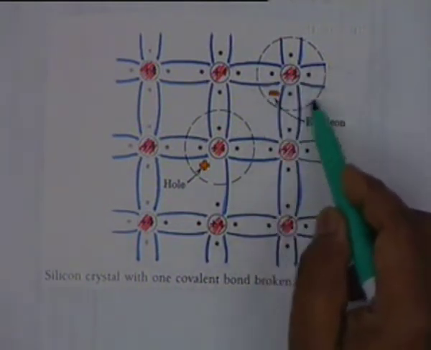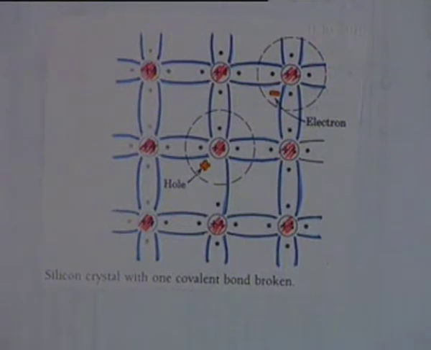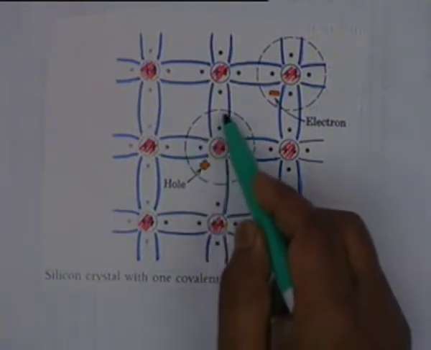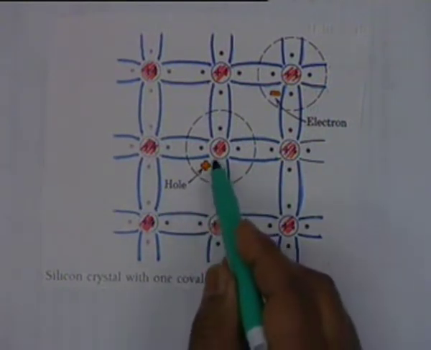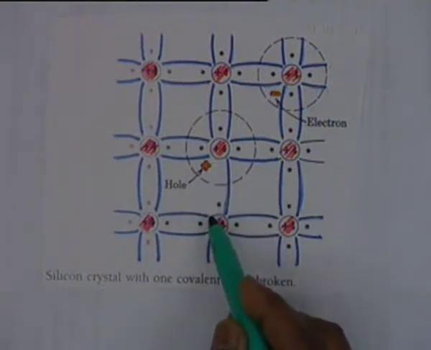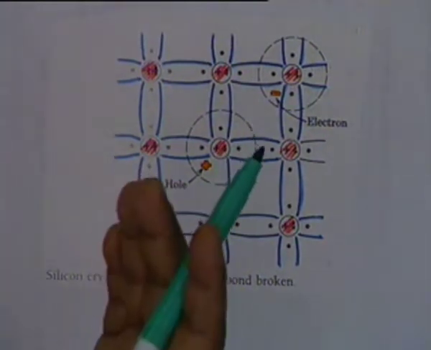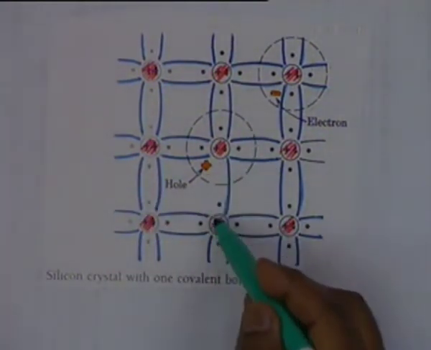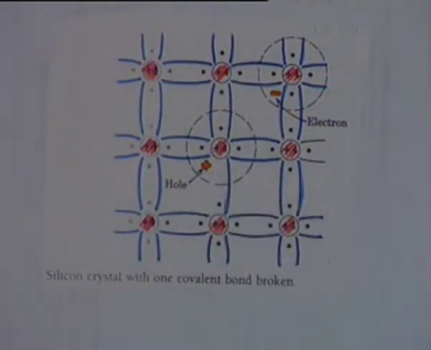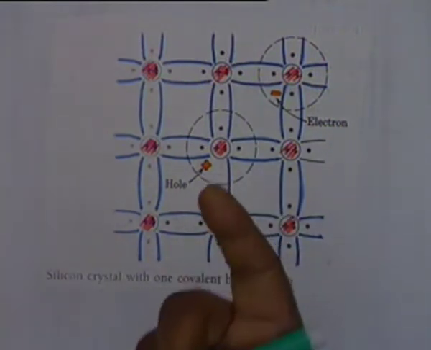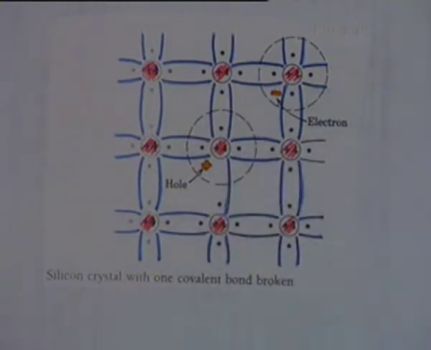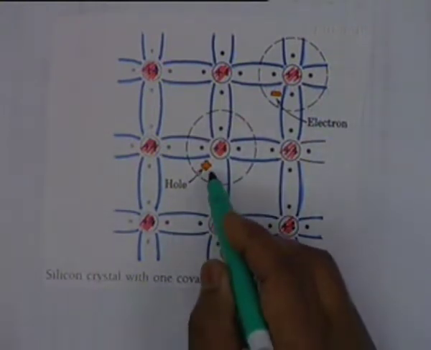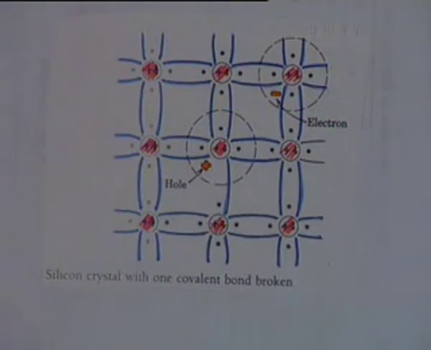But now this region is negatively charged. Similarly, this region where there is an absence of an electron means this hand of the covalent bond has been broken. There are 8 such hands, 7 of them remain, 1 has been broken, and therefore this region has become positively charged, and the vacancy that is created is called a hole.